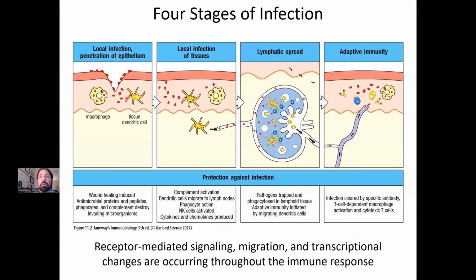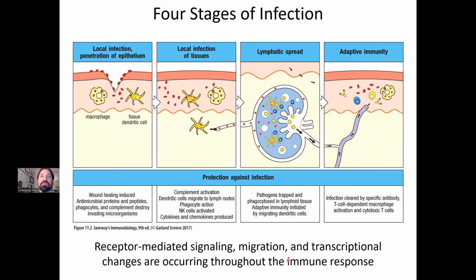So again, this is more of a review slide, but the 4 stages of infection: we have your local infection of the tissues, your lymphatic spread, and your adaptive immunity. In all of these 4 different stages there are extensive amounts of receptor-mediated signaling, migration, and transcriptional responses occurring throughout the immune response.